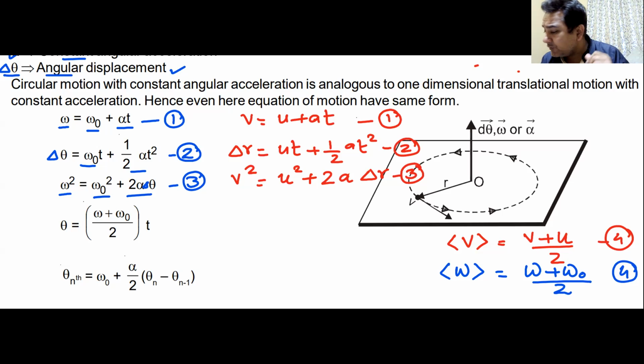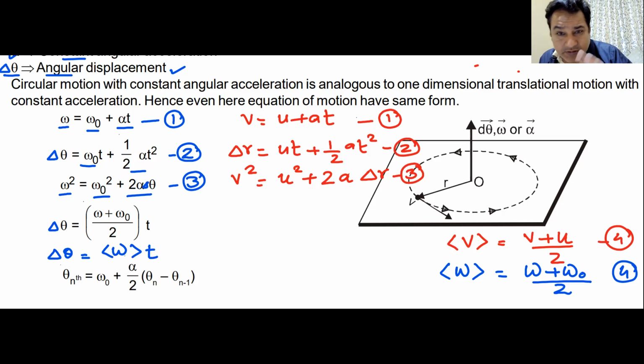Now let me move on to the fifth equation. Here I will write delta theta, which is your angular displacement. Angular displacement is nothing but average angular velocity multiplied by t.